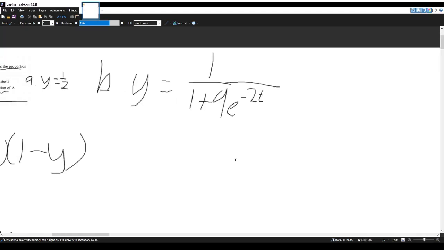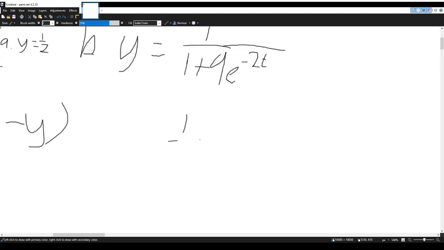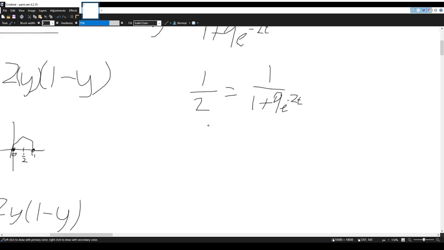So we can substitute that in for y and get 1/2 equals 1 over 1 plus 9e to the negative 2t. All this stuff that we just found, and it was really boring, and nobody really cared about it. So now we just have to solve for t, and then we are finally done with this stupid problem.